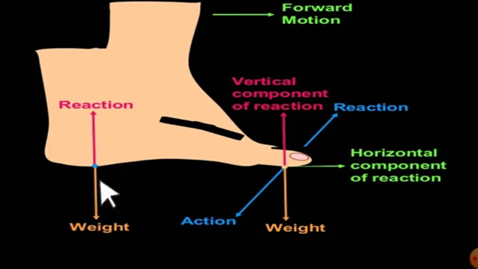So the earth also gives one equal and opposite reaction, which we simply call the reaction of the weight by the earth onto the body. Now these two are equal and opposite.